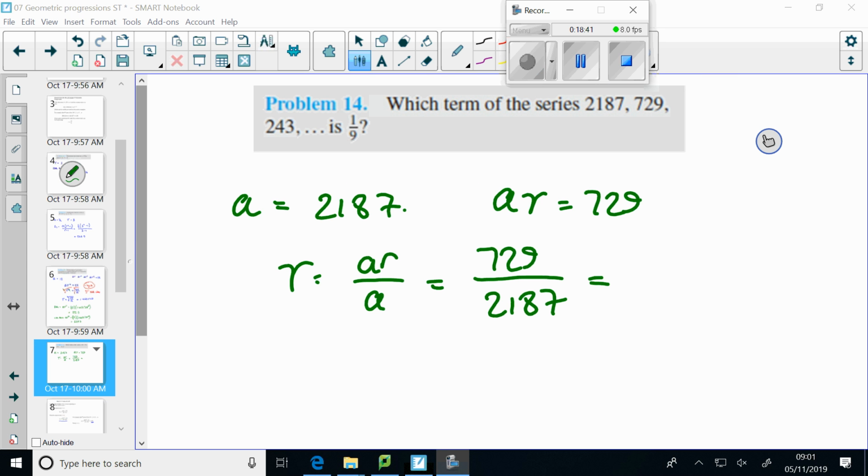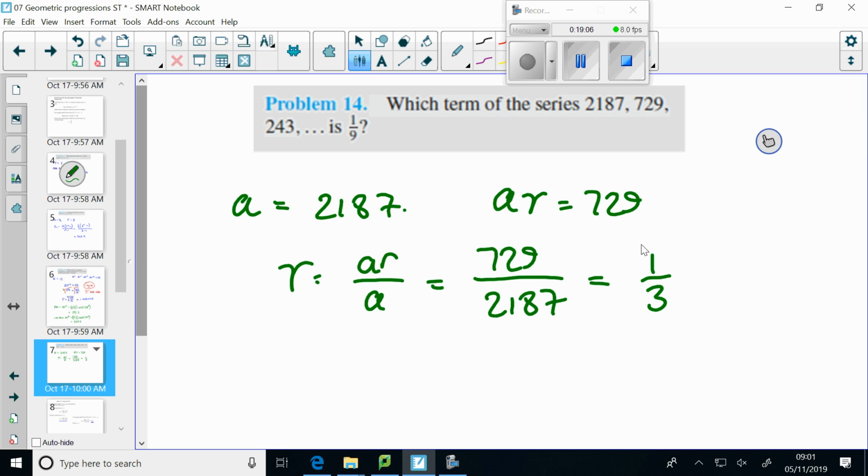Oh, what's the answer? 0.3 recurrent. What's a better way to write that then? 1/3. And we don't round it. All right. So we now know that the common ratio is 1/3.